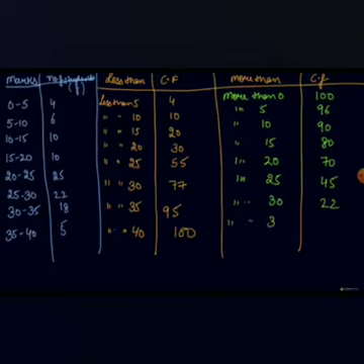More than 35 are 23 minus 18, that is 5. And more than 40 are 5 minus 5, 0. Nobody scored more than 40. So we have found the cumulative frequency for the less than and the more than ogive.